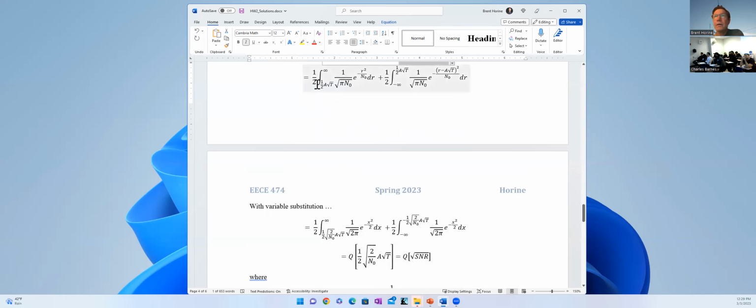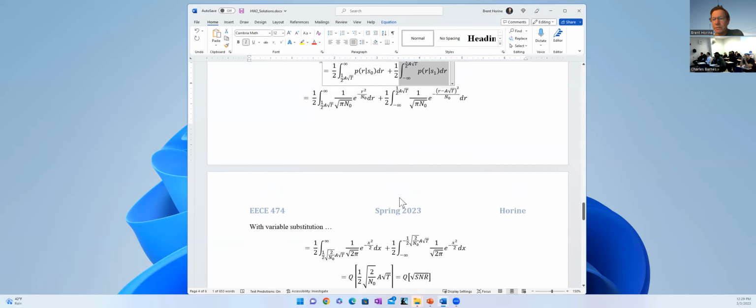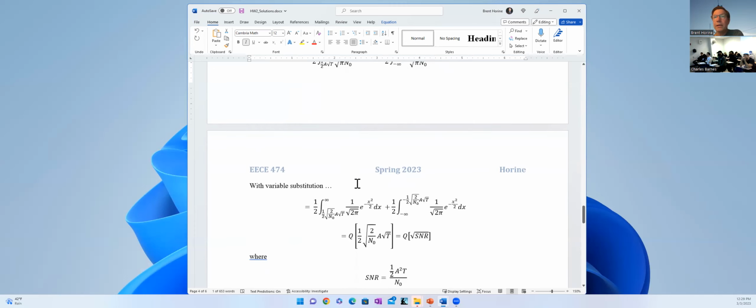So the challenge in this problem is to determine the integration limits, and then, doing a little bit of variable substitution, get it to look like the Q function, right? So we want this e to the minus x squared over 2 dx integration. So now we've done that, and that changes our integration limits there and there. Okay.